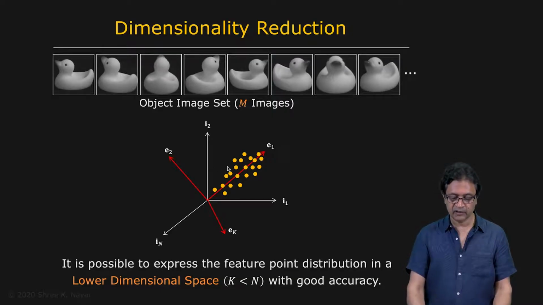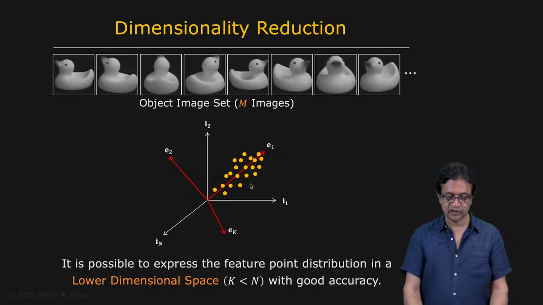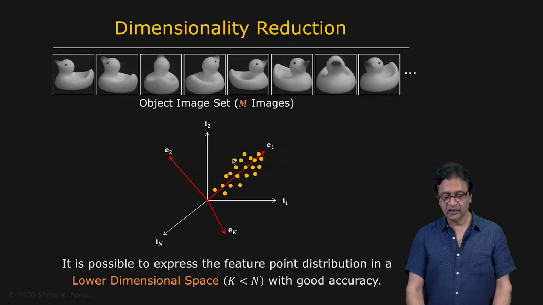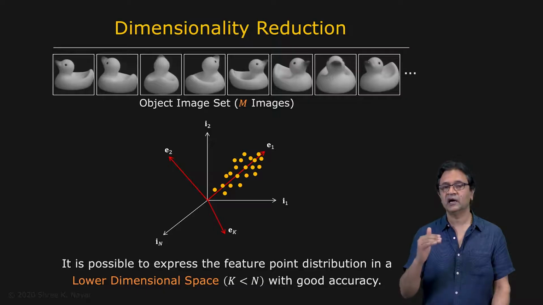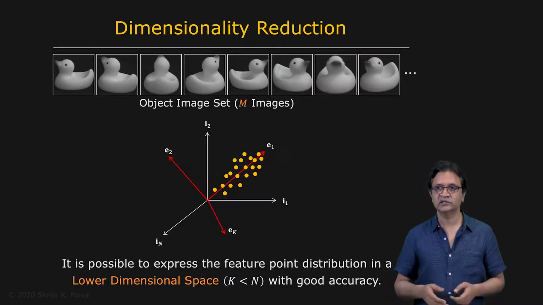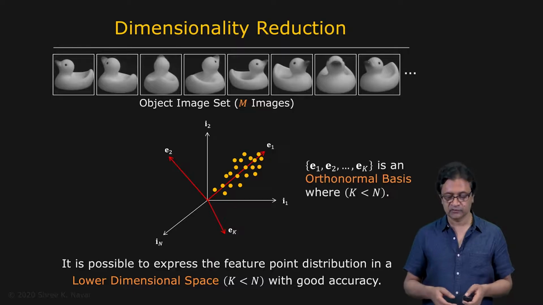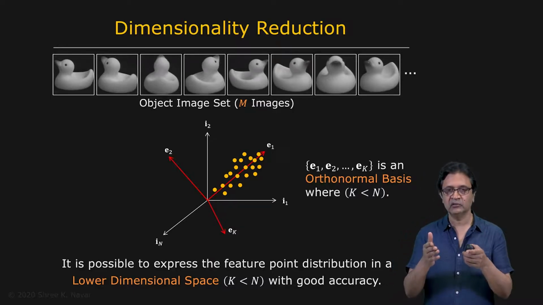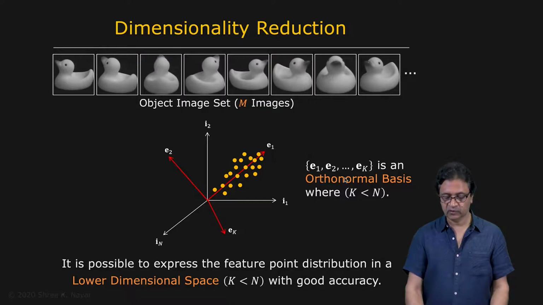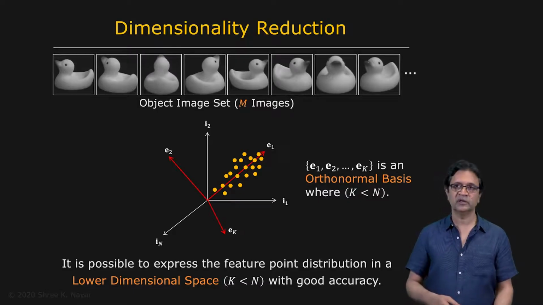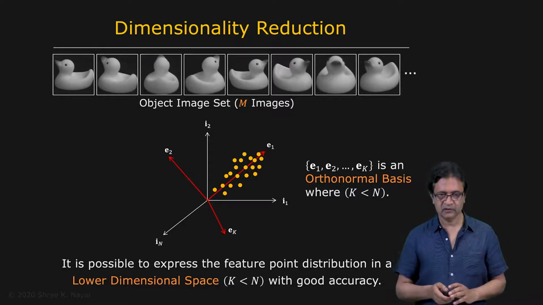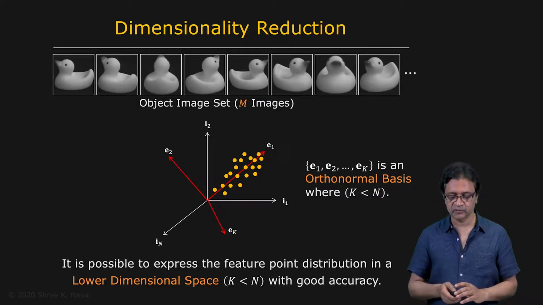And the claim that we are making here is that, because of the structured nature and the correlation between these images, it's possible to represent all of these points, this distribution, in this lower dimensional space more compactly, more efficiently, with a high level of accuracy. So then the real question is, what are the dimensions of this space? If you're able to compute E1 through Ek, that would form an orthonormal basis. And so the problem we are faced with is, how do we compute this orthonormal basis? That's exactly what principal component analysis does for you.